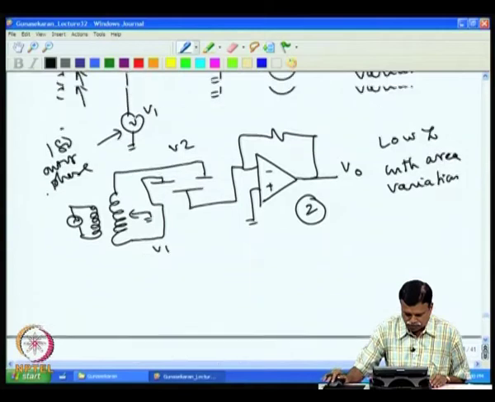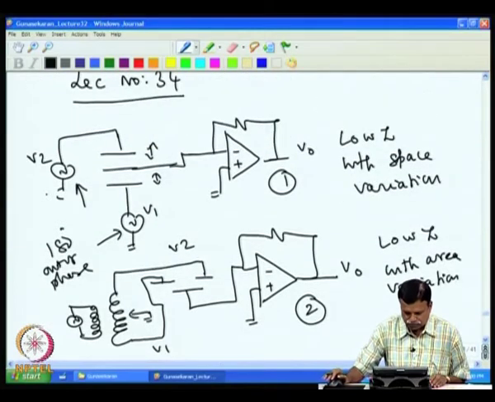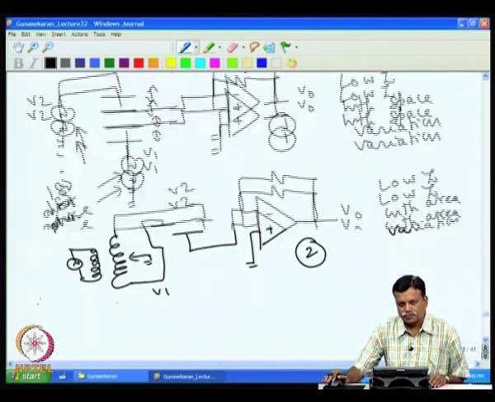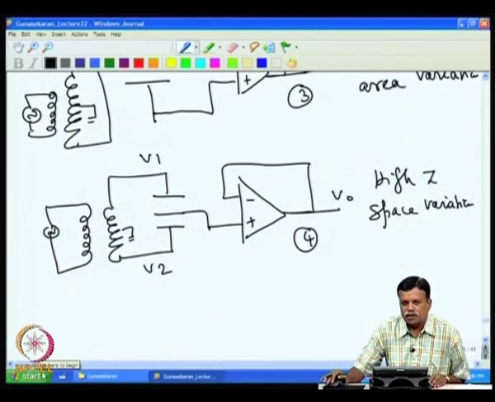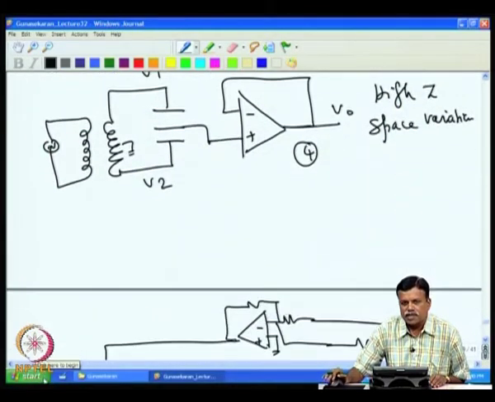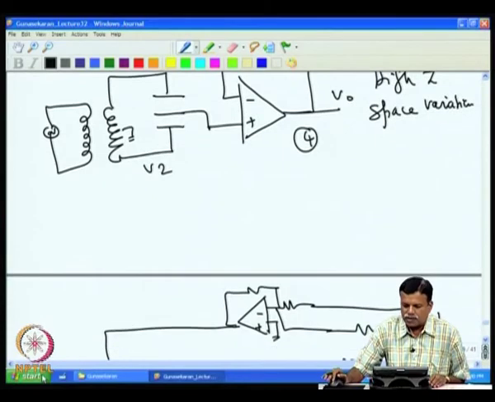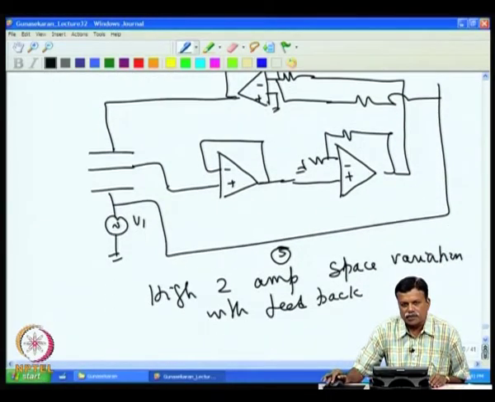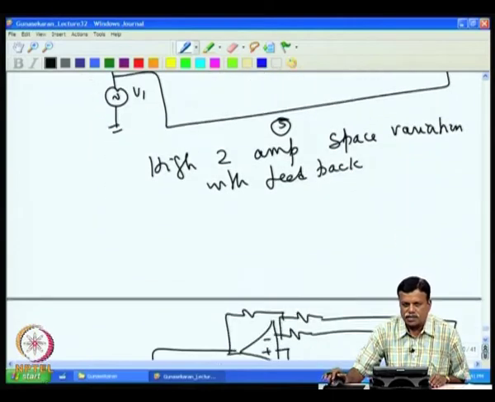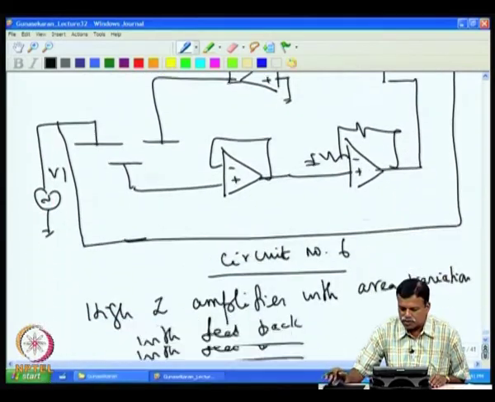We have picked 2 different applications, area variation and space variation, and 2 different amplifiers, non-inverting and inverting. The non-inverting amplifier gives you high impedance input, so we call it an IZ amplifier, and the inverting amplifier gives you low impedance, so we call it a low Z amplifier.